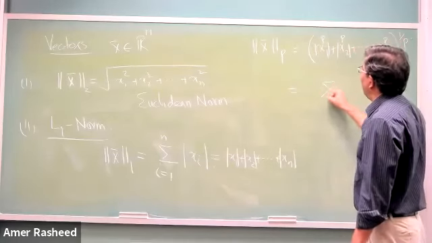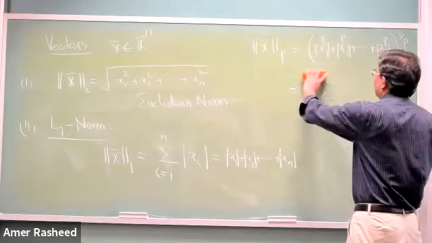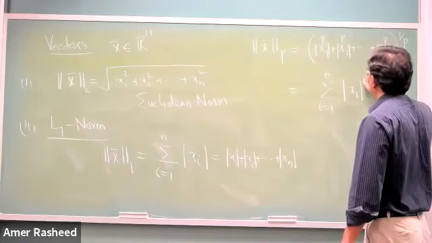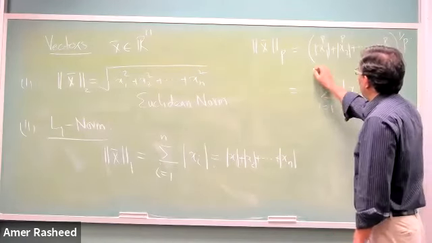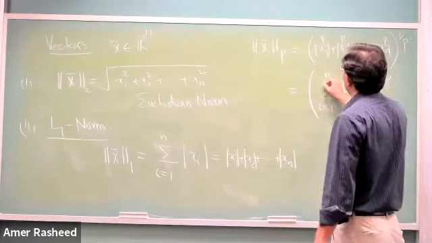You can define this norm as the summation from i equals 1 to n of the mod of xi to the power p, and whole power 1 over p. This is called the P norm.